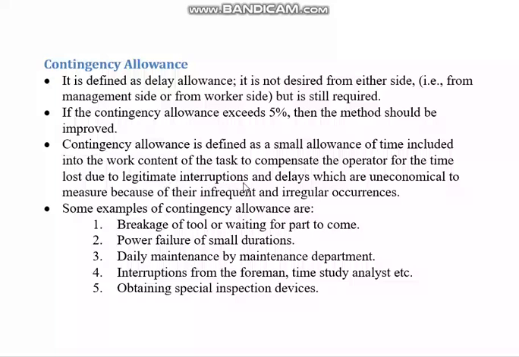These are legitimate interruptions and delays which are uneconomical to measure because of their infrequent and irregular occurrences. It is not that every day the same amount of delays will take place, or at the same time it happens. Okay, some examples of contingency allowances are given here.